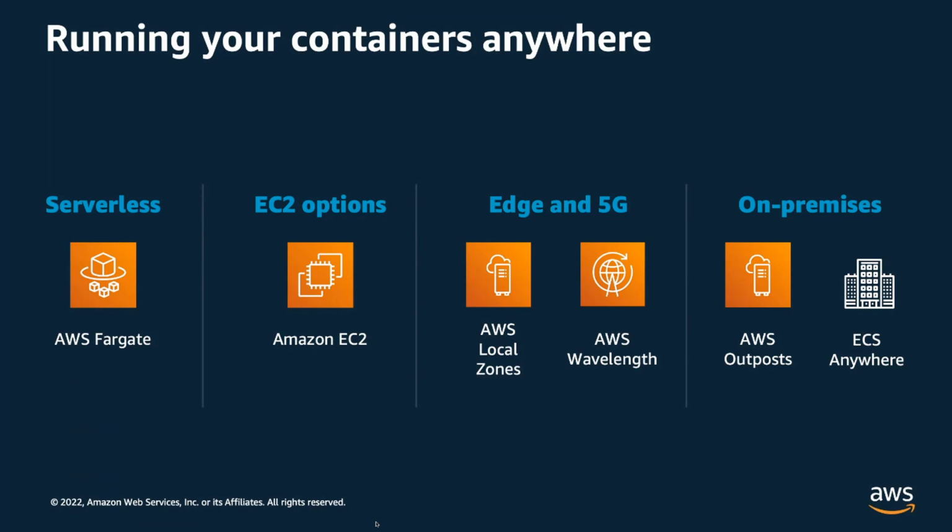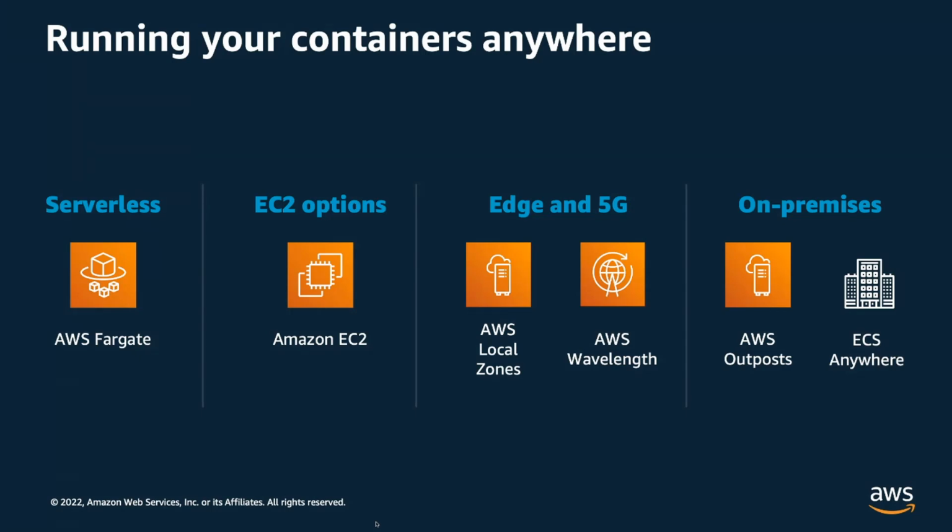So we talked about EC2 as a way to run your containers on ECS. And EC2 offers a wide choice of instance types based on processor, storage, networking, architecture, and more. This is ideal for customers who want to manage or need to manage or customize the underlying compute environment and host operating system.